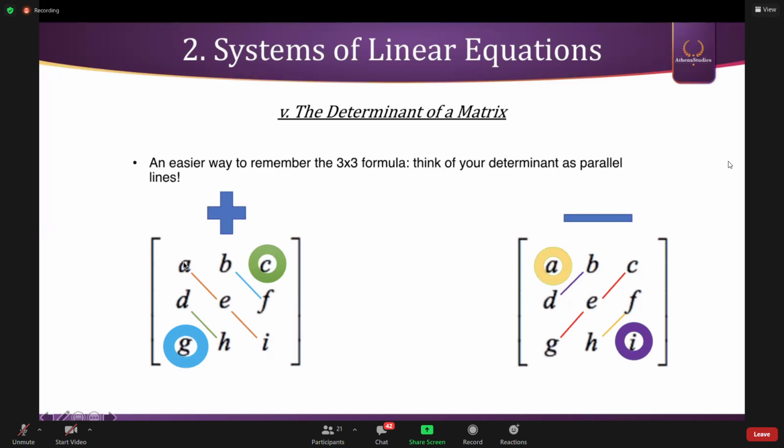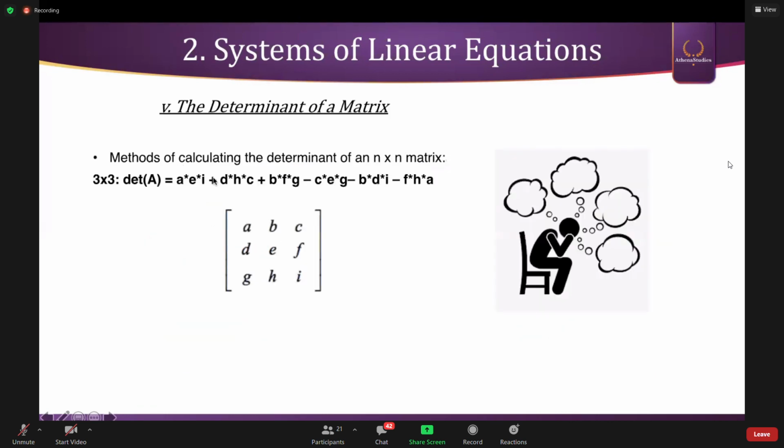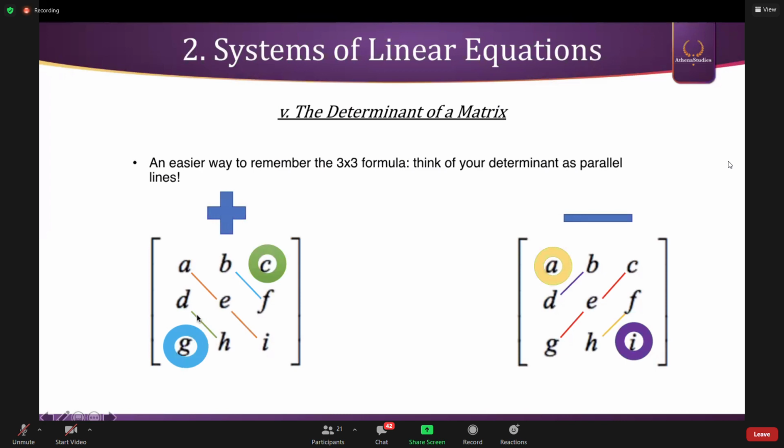So the first diagonal is A multiplied by E multiplied by I, just like in our formula, to which we add plus diagonal D multiplied by H, multiplied by the opposite corner of this diagonal, so multiplied by C, as you've seen here represented by these colors.